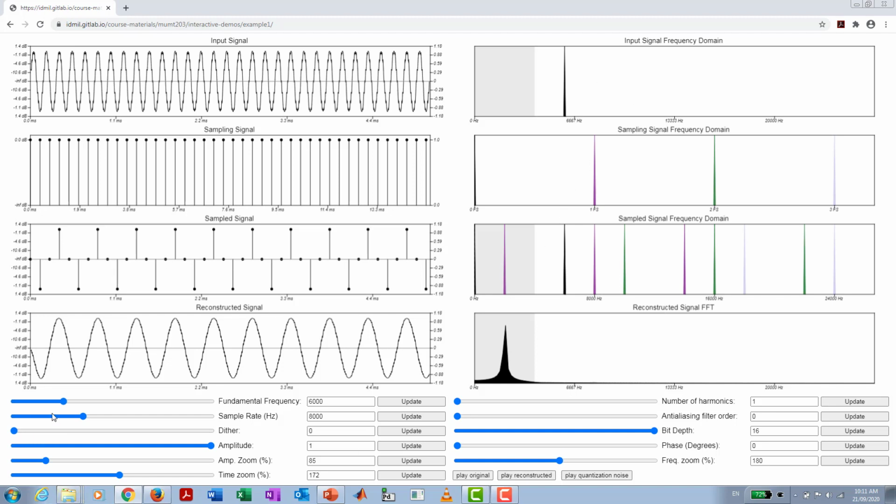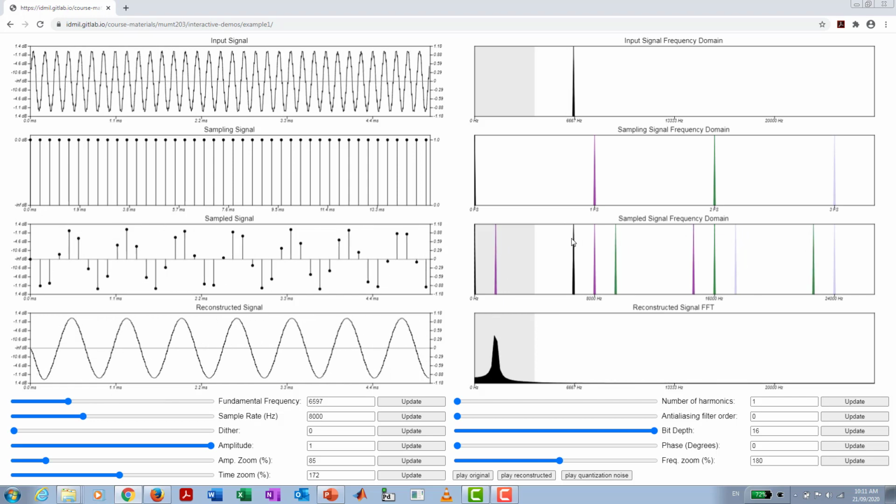Let's continue to increase the input and keep the sampling rate constant. What will happen? If I increase my input frequency here, this first alias will continue to go down until where? Well, what happens when this signal here is 8,000 hertz? I'll go slow here so that you can see.